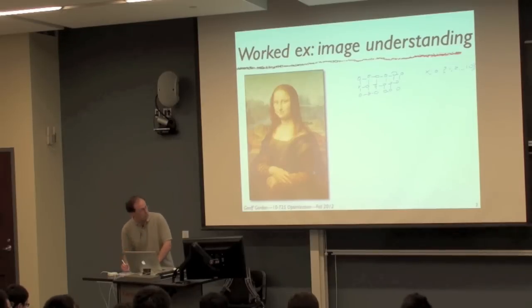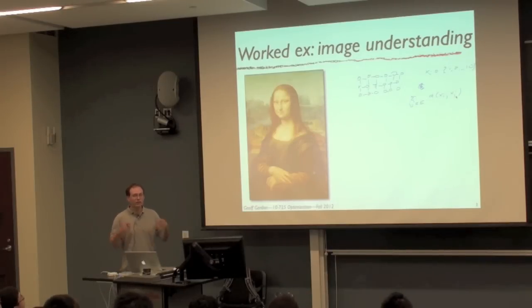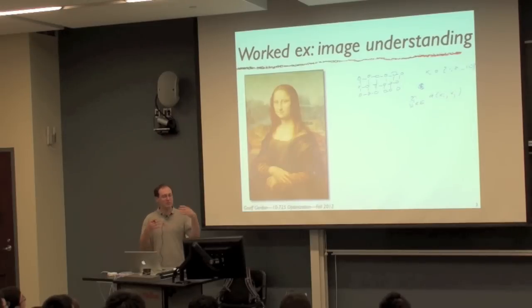So we would write it, often it would be something like, your objective would have in it a sum over i, j in your set of edges, the distance between xi and xj, where the distance could be something as simple as 0 if they're the same and 1 if they're different, or it could be something like, it's better to mistake a cow for a sheep than it is to mistake a cow for a barn, right, or a cow for the Mona Lisa.